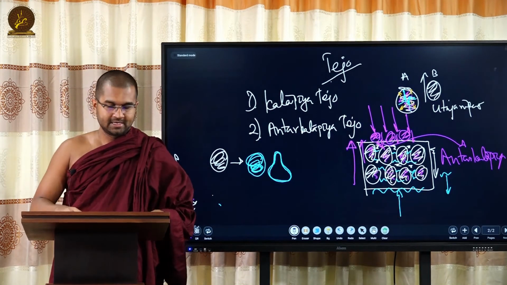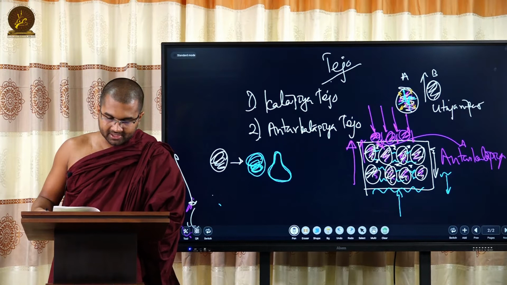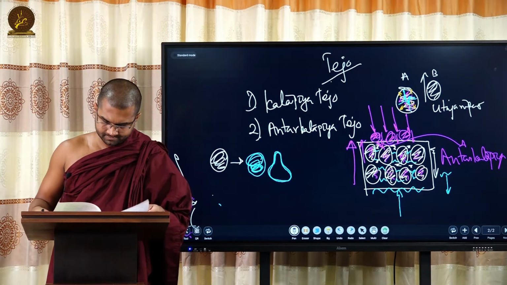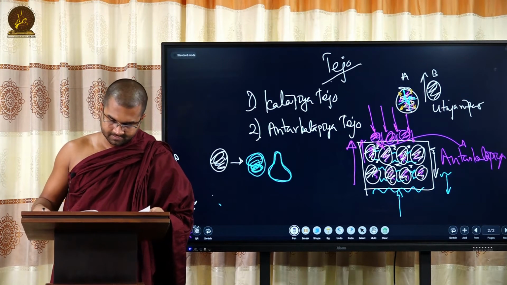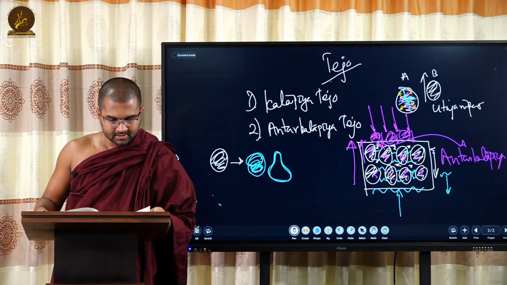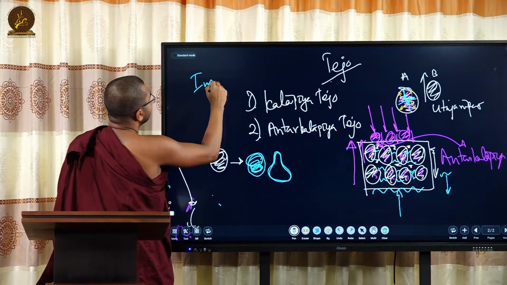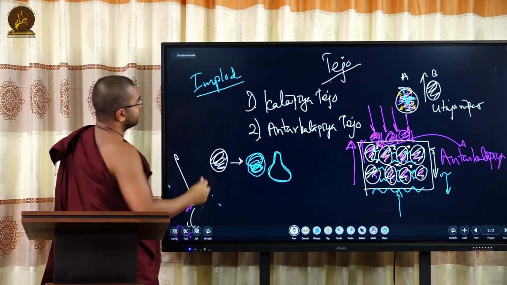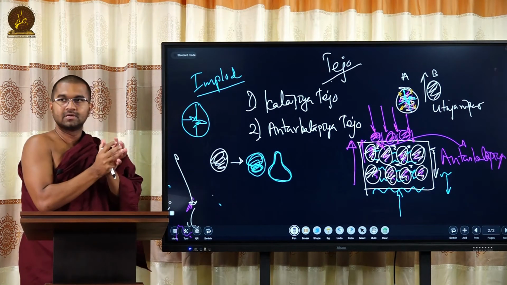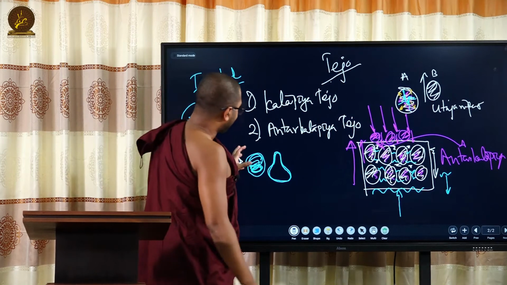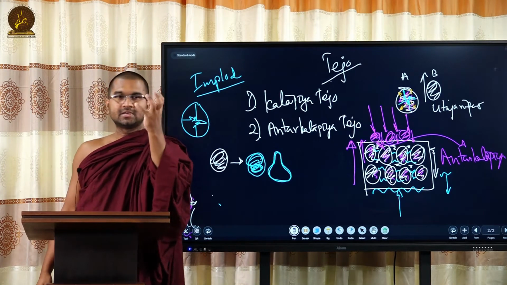We call it imploding, something collapsing inside. A star would implode, right? So if apo is increasing, according to this explanation, the kalapa has to implode, it completely shrinks.